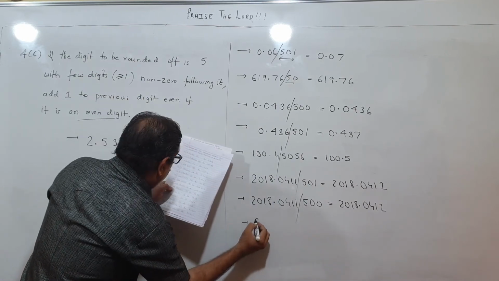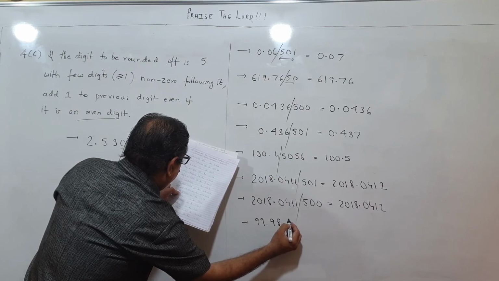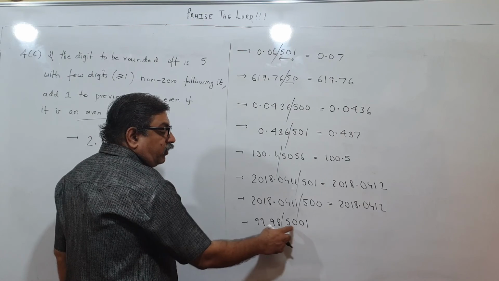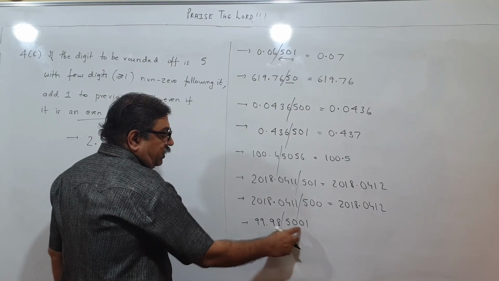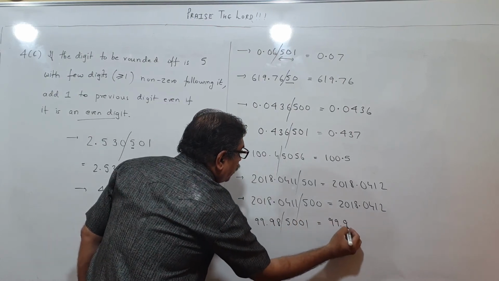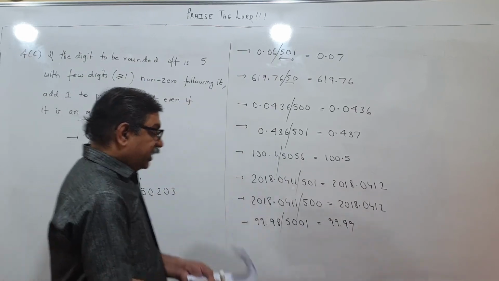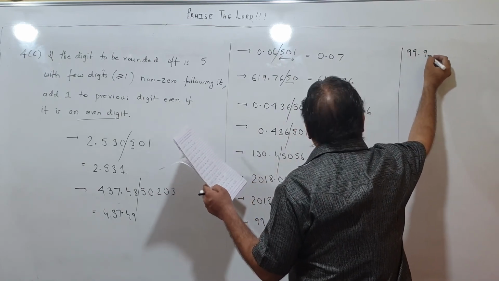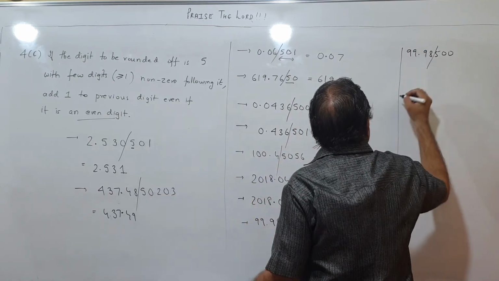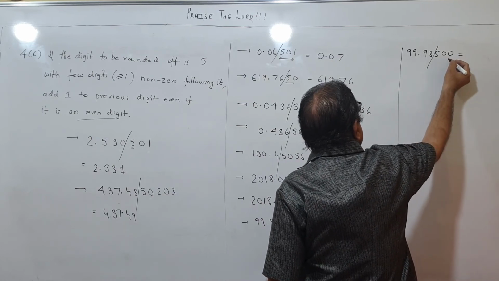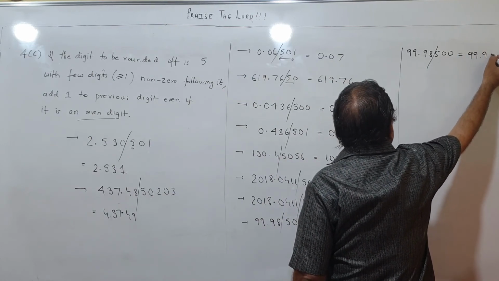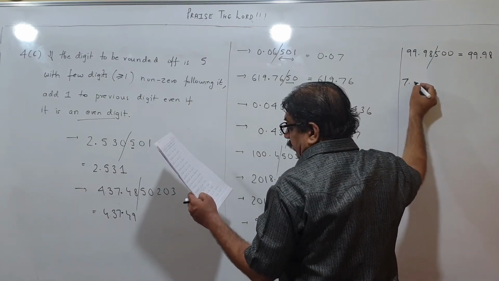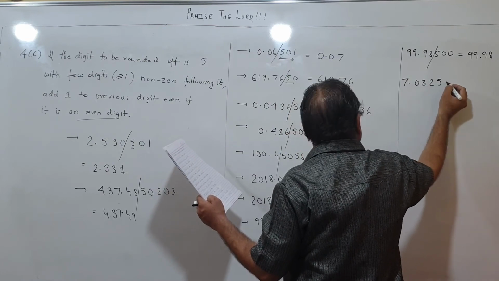Then 99.985001 up to here. So there is a non-zero digit following 5. We have to round off these 4. So this becomes 99.99. Please take care, children. Then I have 99.98500. I want to round off this. Here after 5 all are 0 digits. So this remains 99.98. Because after 5 there are all 0 digits. Then 7.032537.